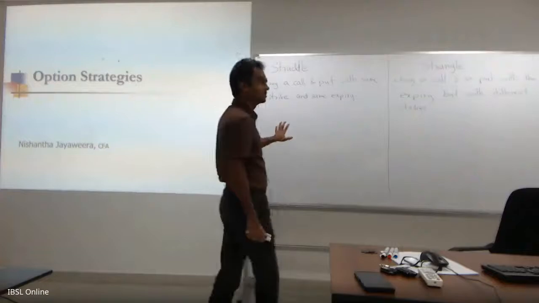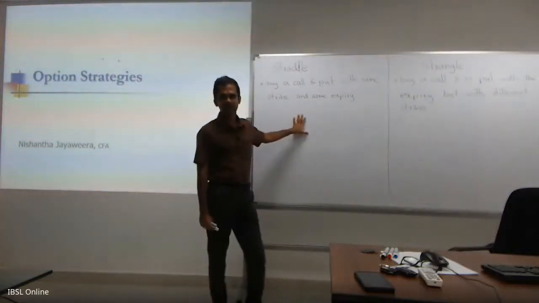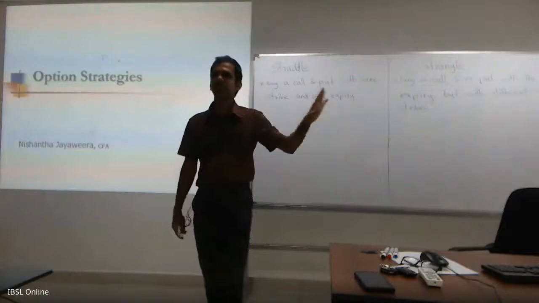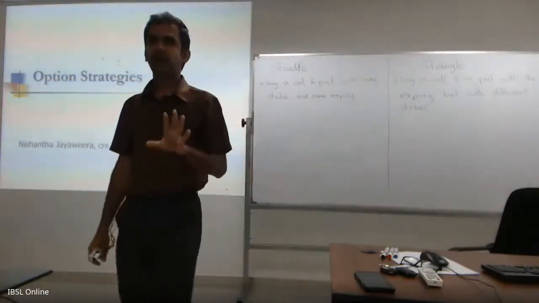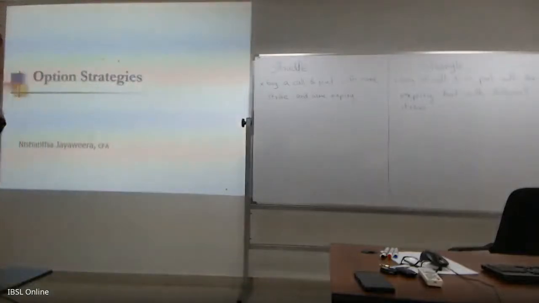In a straddle, you buy a call and a put with the same strike and same expiry. In a strangle, you buy a call and a put, but with two different strikes.